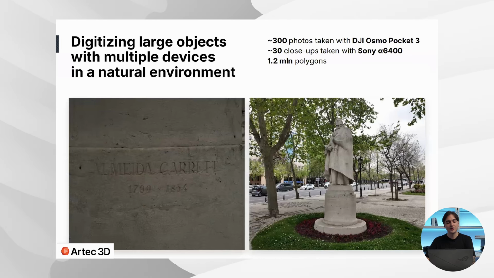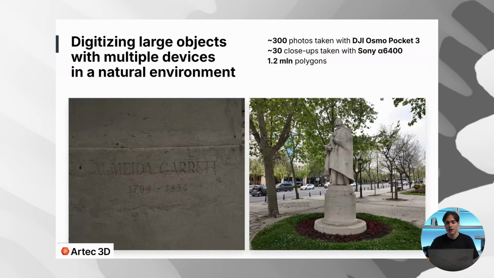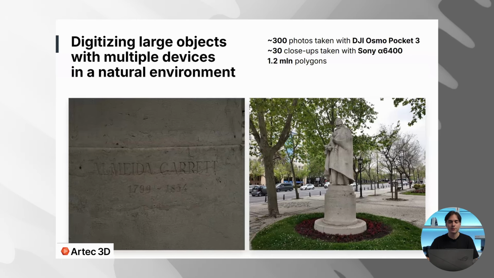Then let's take a look at another example. Here we have digitized a large statue while using multiple cameras in a natural environment. As you can see right here, we have combined photos from 2 different cameras: a DJI Osmo Pocket 3, which is a wide lens action camera, and then I have taken 30 close-ups with a Sony Alpha 6400 to add fine details, as you could see on the left image.